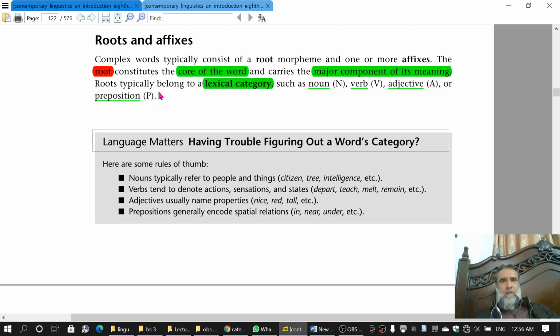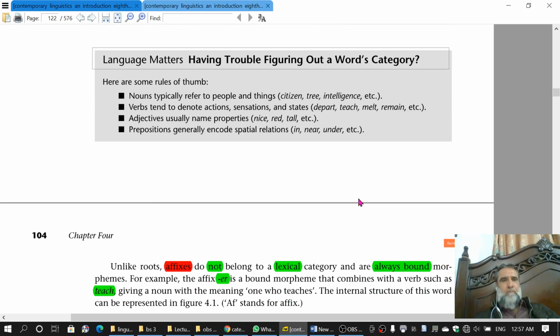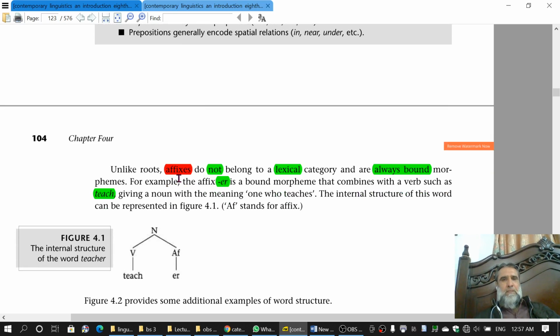Roots, therefore, are more important as compared with affixes, because affixes cannot stand alone and they are not central. They do not have the major component of meaning. Affixes, on the other hand, do not belong to the lexical category.